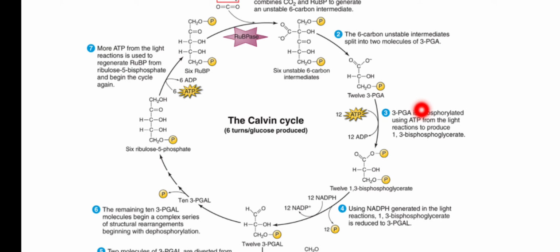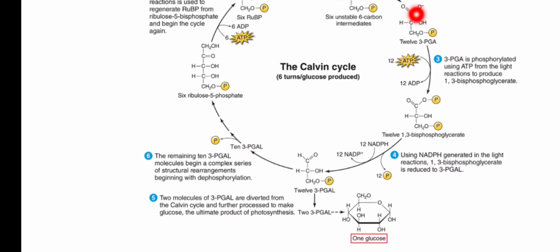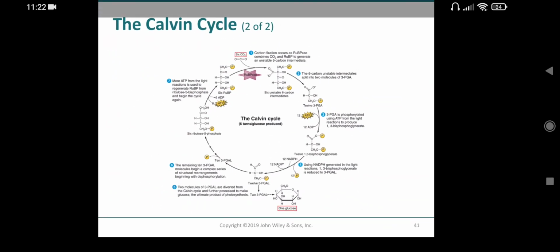Of course you will spend ATPs to build up your PGAs, and then in the end, 2 of the PGAs will form 1 glucose. The remaining 10, because you have 12 PGAs at the end of your cycle, will be used in a series of reactions to recycle and create the 5-carbon ribulose 5-phosphate. So that is your Calvin cycle.